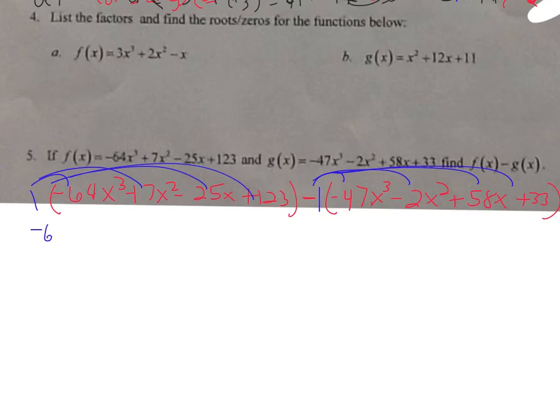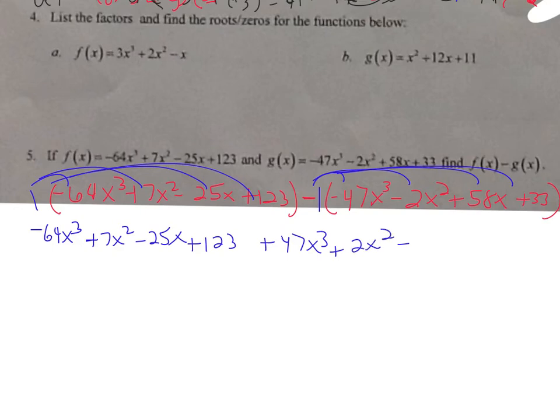So it's just negative 64x to the third plus 7x squared minus 25x plus 123 plus 47x to the third plus 2x squared minus 58x minus 33.